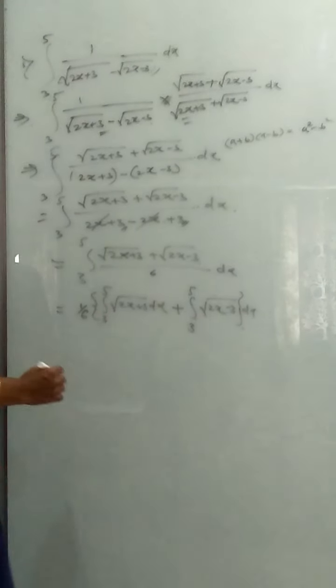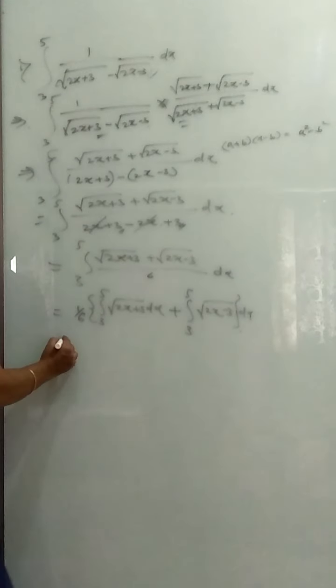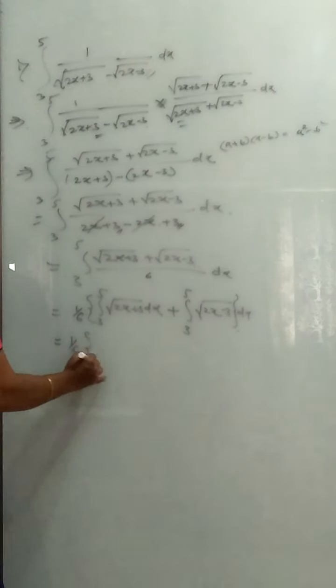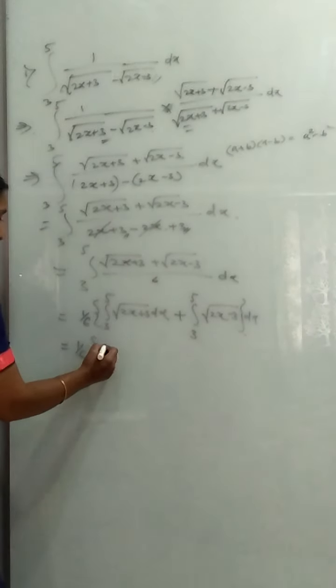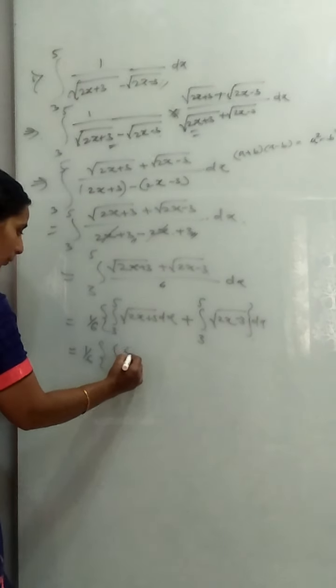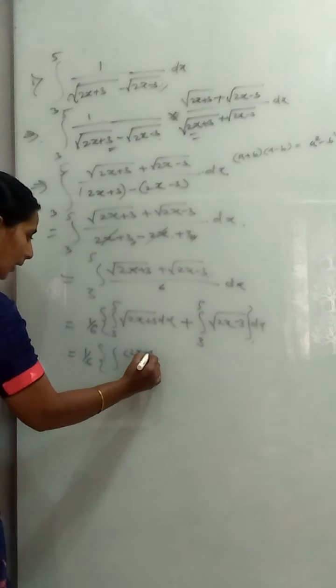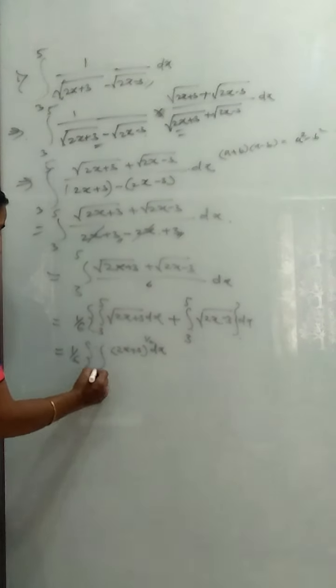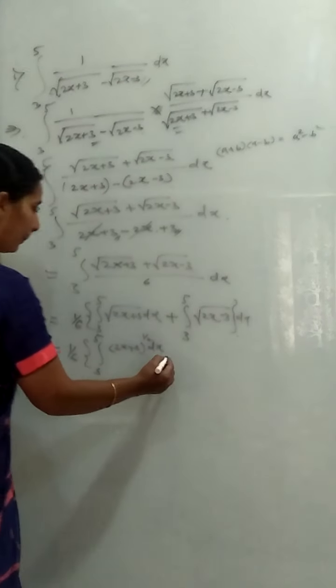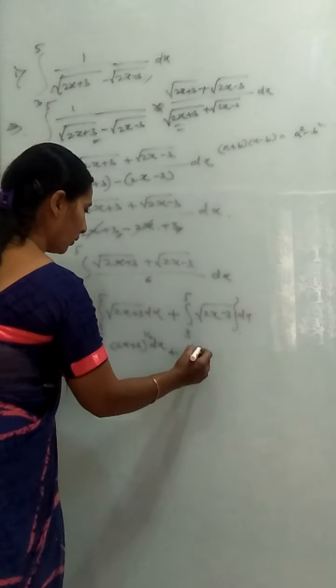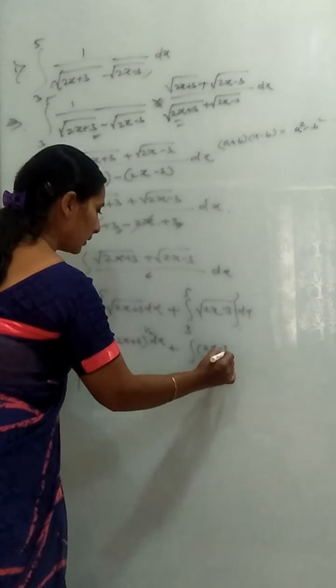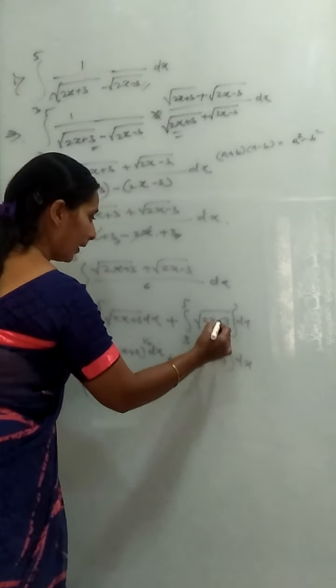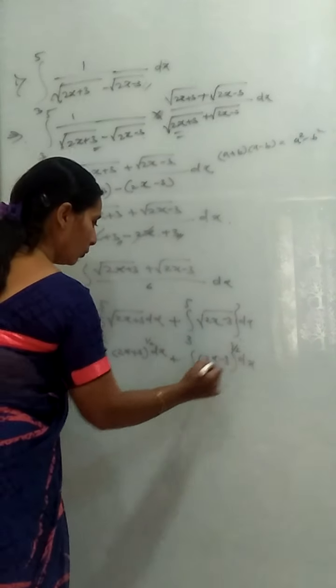These are composite functions, so we write the integration of (2x plus 3) raised to 1 by 2 dx, limit 3 to 5, plus the integration of (2x minus 3) raised to 1 by 2 dx, limit 3 to 5.